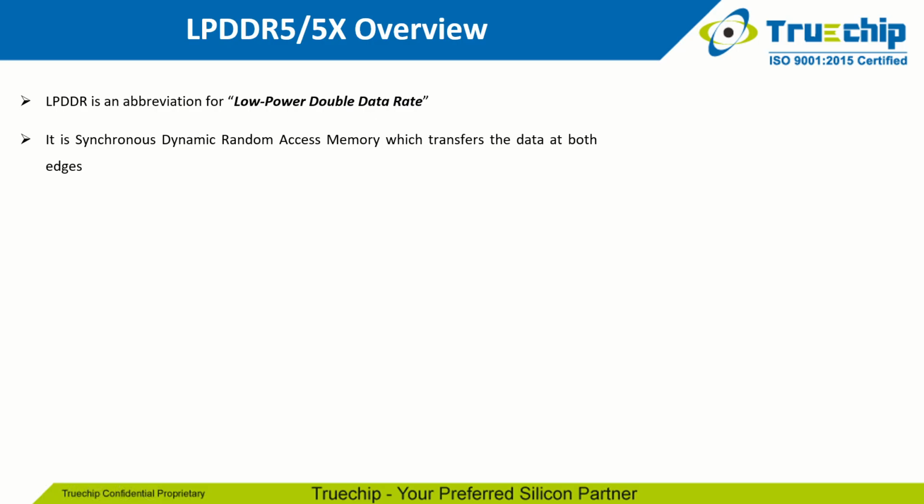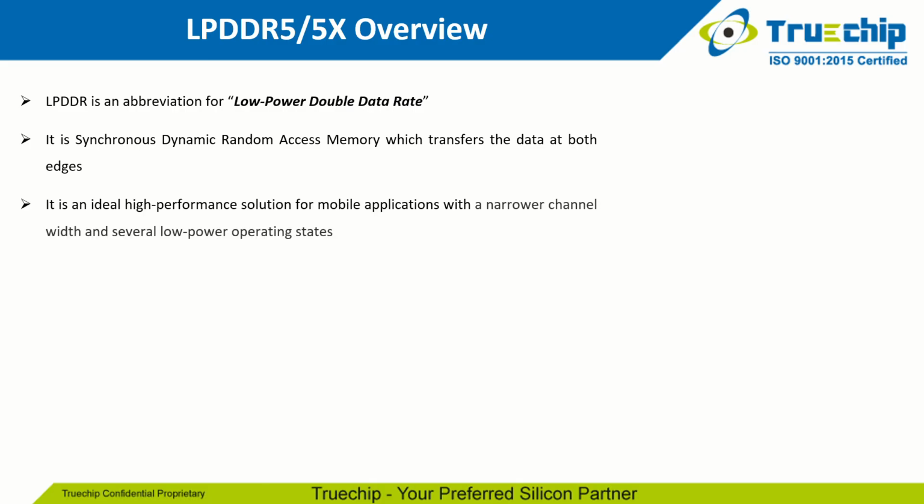LPDDR came into the picture in 2008 as the first version of LPDDR, mainly targeting the mobile industry, and was also called Mobile DDR or MDDR. It is an ideal high-performance solution for mobile applications with a narrow channel width and several low-power operating states.